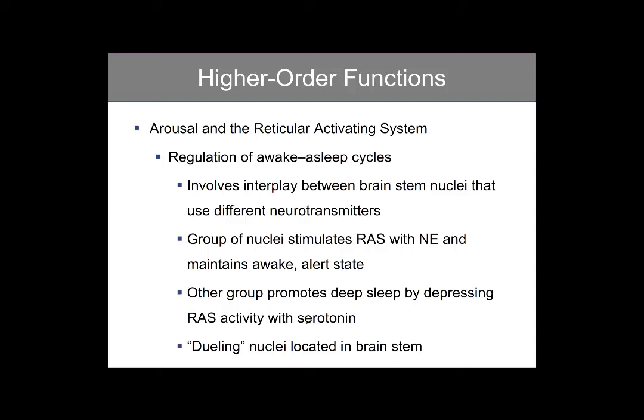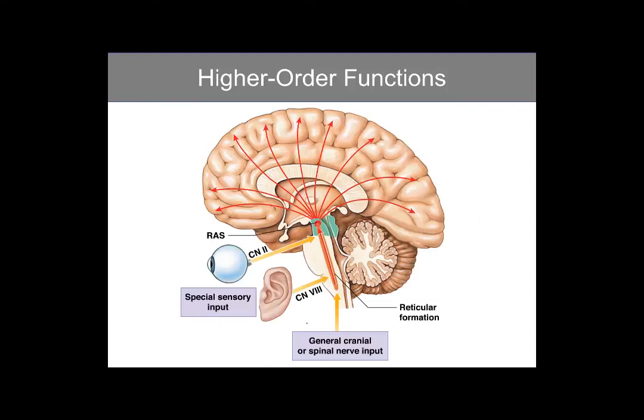So there are sort of dueling nuclei located within the brainstem, dependent upon the types of neurotransmitters being actively released. This particular diagram looks at specific sensory input and the general cranial or spinal nerve input, and the flow from the brainstem into the various regions of the cerebrum.